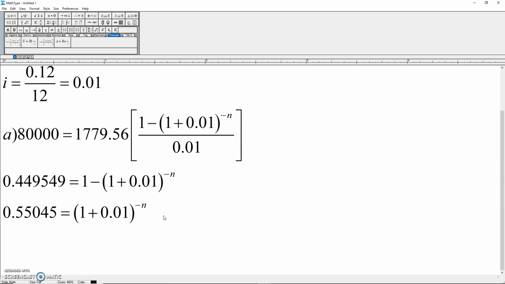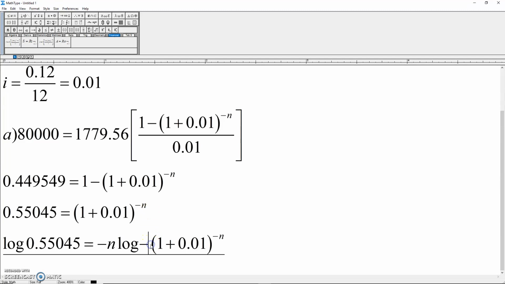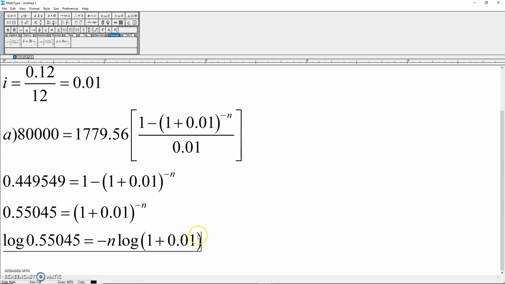So it becomes log 0.55045 equal to negative n times log of this. Because there is no power anymore here, we can sum this directly.